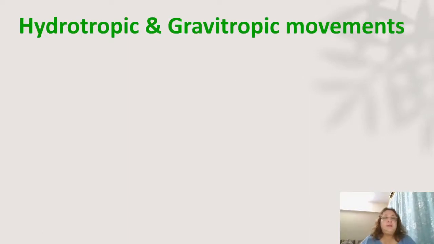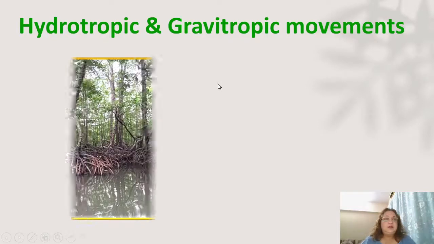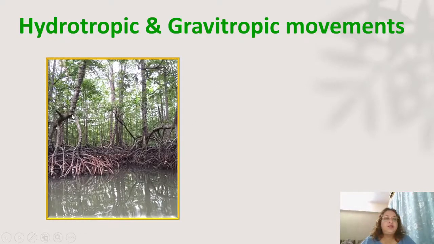Some examples of hydrotropic, that is movement towards water, and gravitropic, movement towards gravity. You see these mangrove trees here, the roots come up, they are not inside the ground. They have roots forming above the ground, but still those roots are not going upwards, they are going in the direction of water.